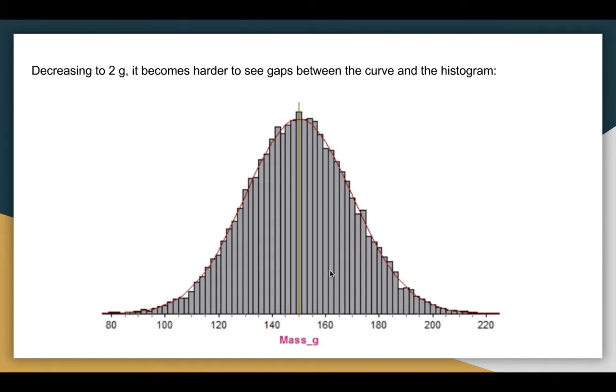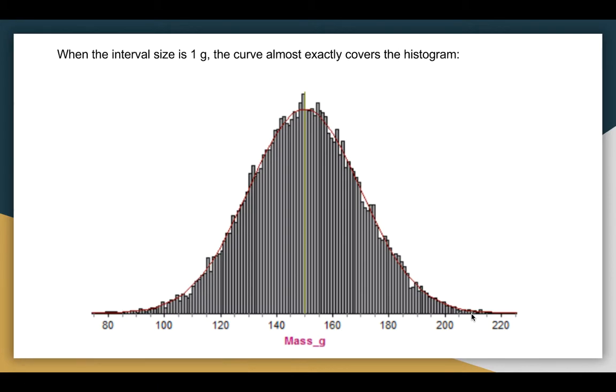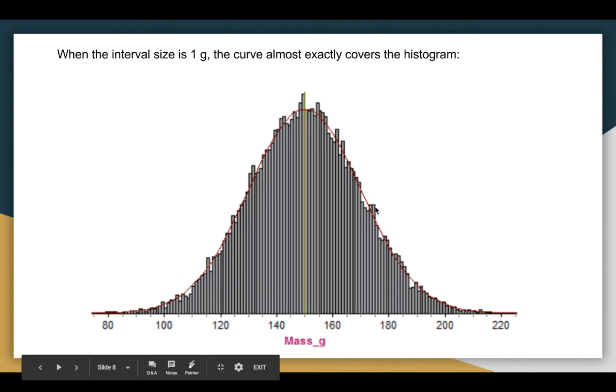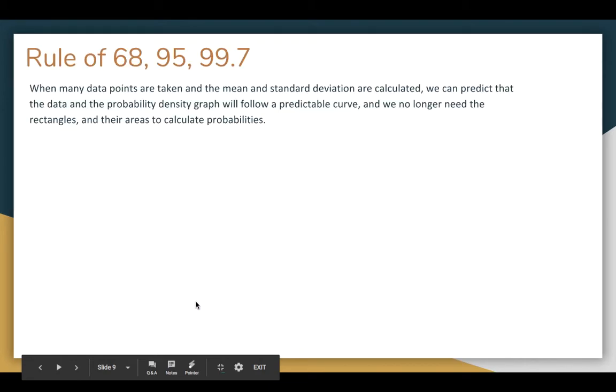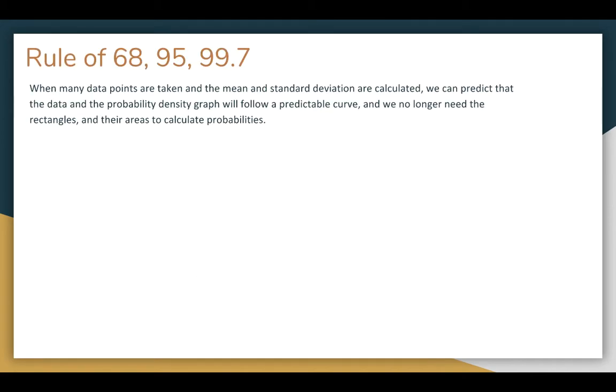If you go to 2, this curve approximates the data a little better. And with 1, it's almost exactly following, just a little higher in different spots, with certainly less wasted space. And that's with random data used here to show this normal curve.